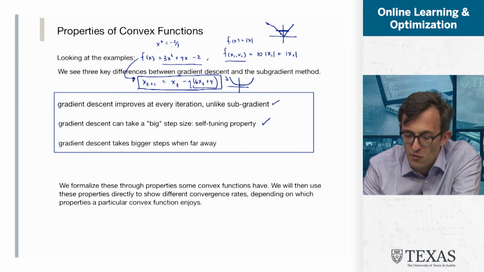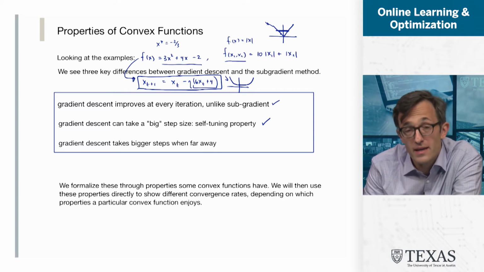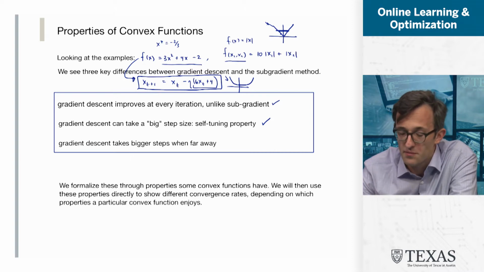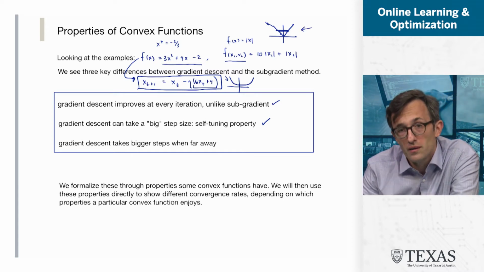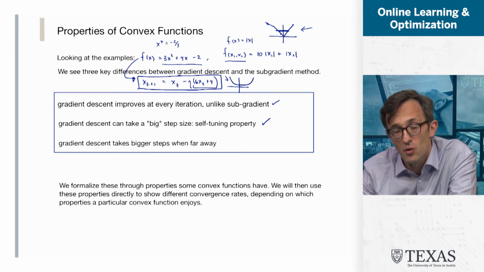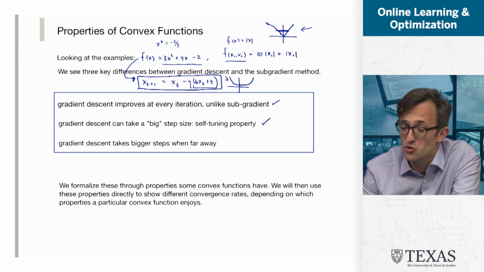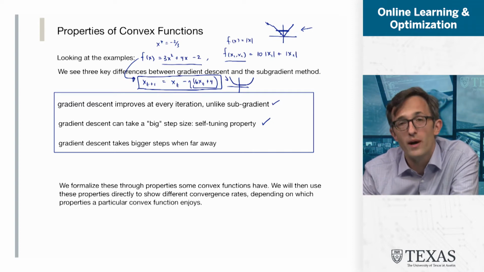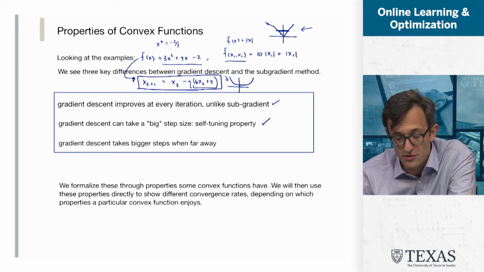It's saying that when you're very far away, even for any eta that you choose, a fixed eta that doesn't scale with how far away you are, you're going to naturally take a very big step towards the optimal solution. How about the absolute value function? Well, no matter how far away we are, we're stuck with a gradient value that's an absolute value equal to 1. So all you can do, no matter how far away you are, is make step size eta. That means that if you start twice as far away, you are forced to take twice as many steps. For the polynomial function, however, that's actually not the case.